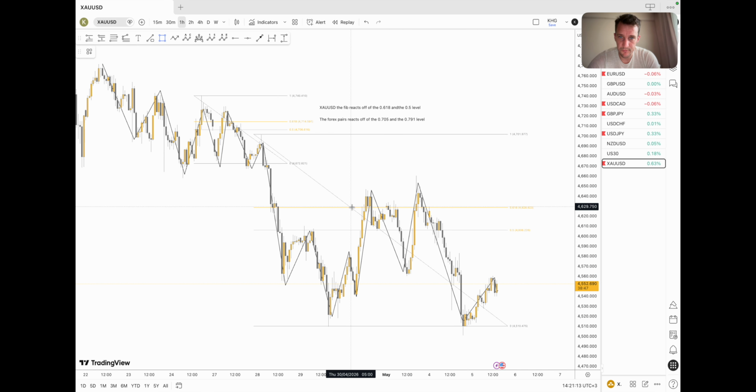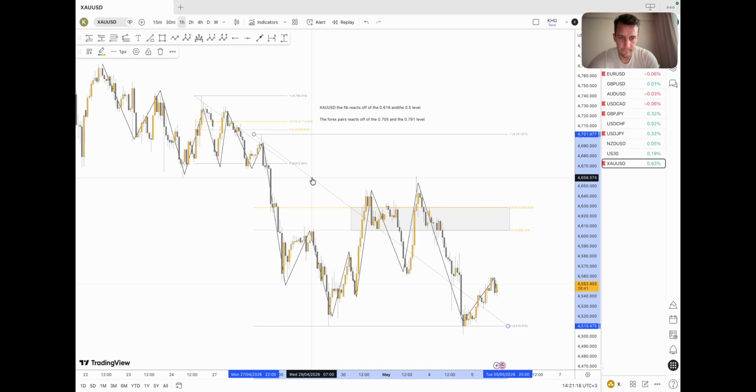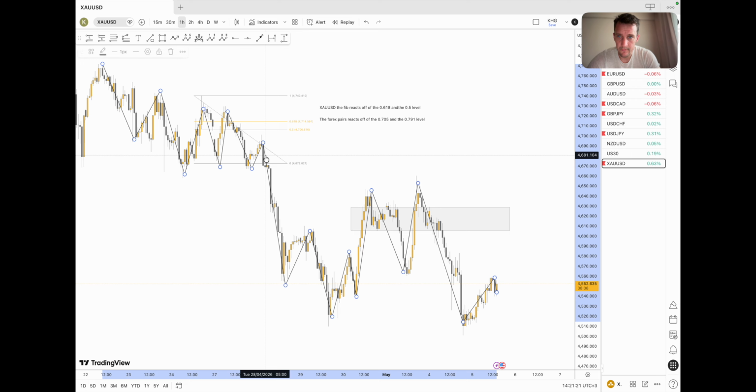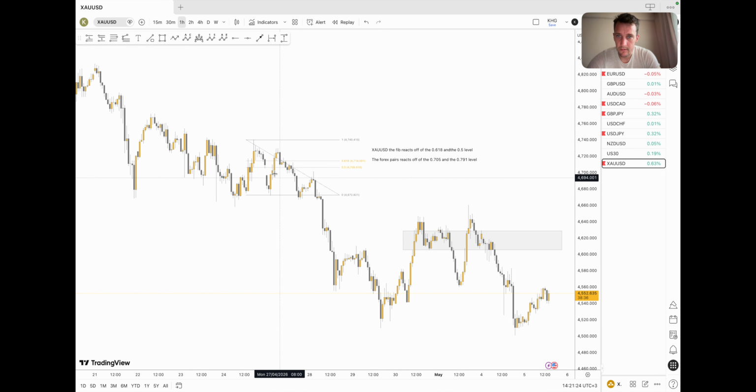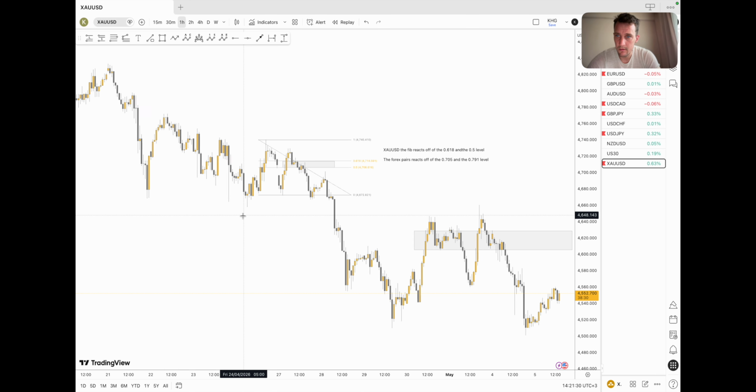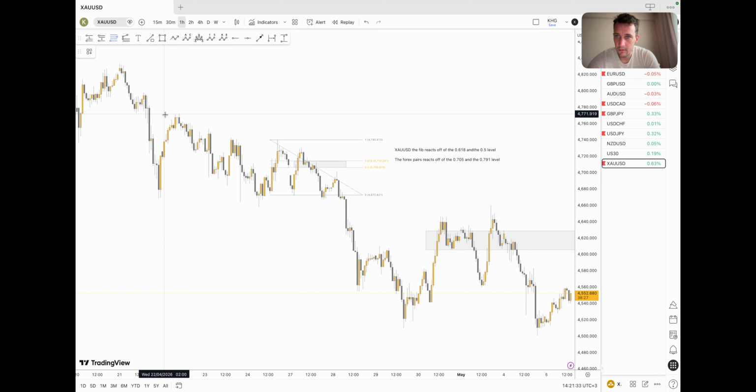You see how it's reacting off of this right here, and then it's reacting off of here, it's reacting off of here, and that's what I mean by that. It usually reacts off of the 0.618 and the 0.5 level.